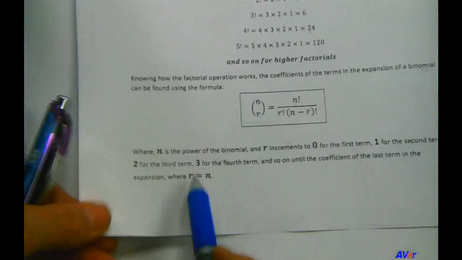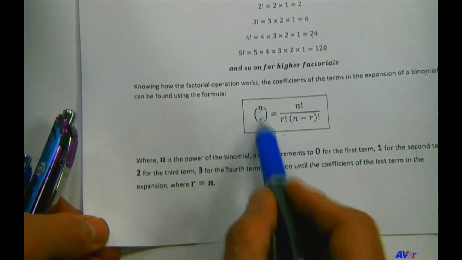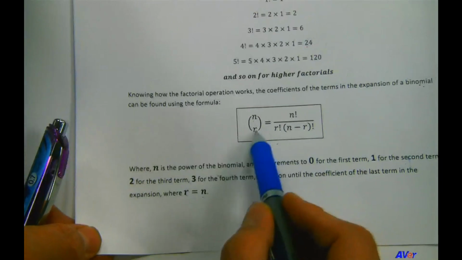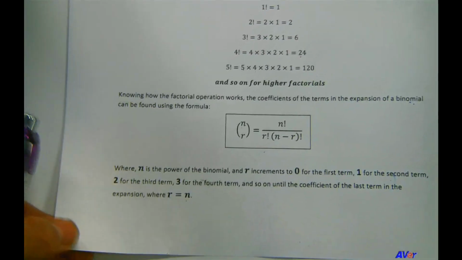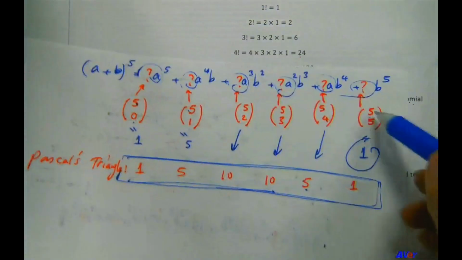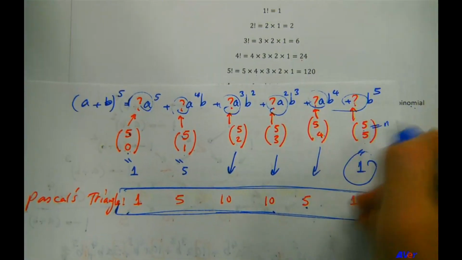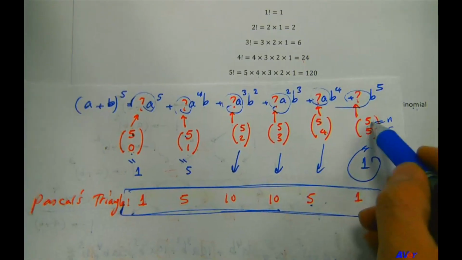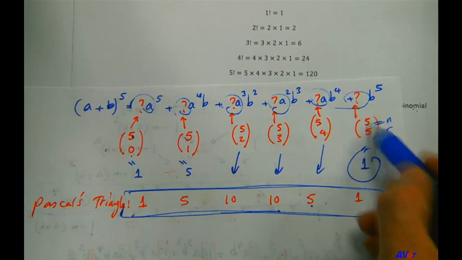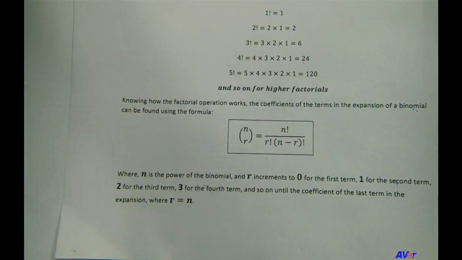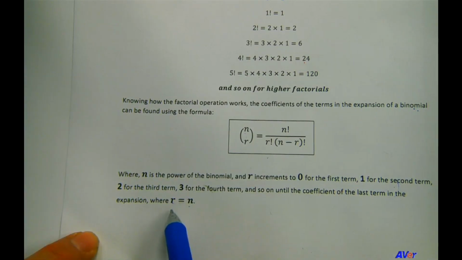This n equals r in here was the last term, right? 5 choose 5. So the last term is always n equals r. 5 choose 5. That's what that is saying.